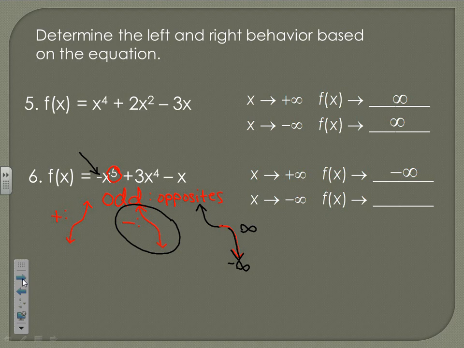And then as x approaches negative infinity, as it goes out to the left, I look at my arrow, it's going up, so that means it's approaching positive infinity.